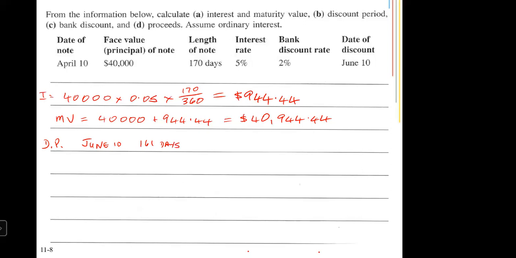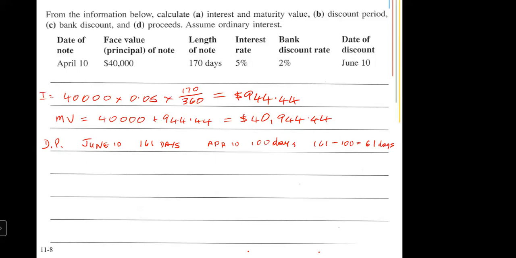April 10th, which is 100 days. So when you subtract 161 minus 100, you get 61 days. Okay. So the note is actually for how many days? 170.